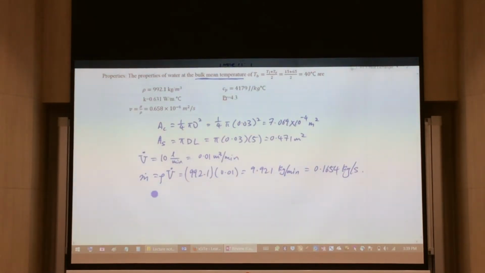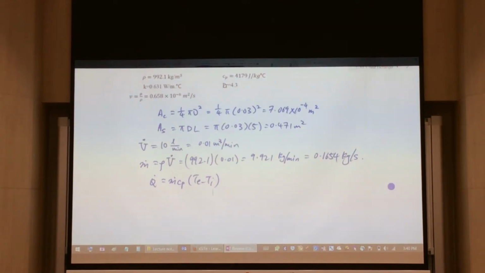So next thing I want to find out will be your Q dot, m dot Cp multiplied by Te minus Ti. Right? That's the flow rate that's going through the pipe. So I have the flow rate already, it's 0.1654.